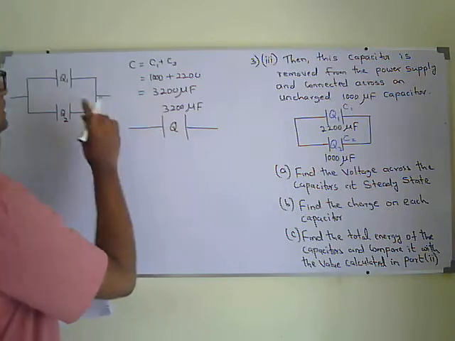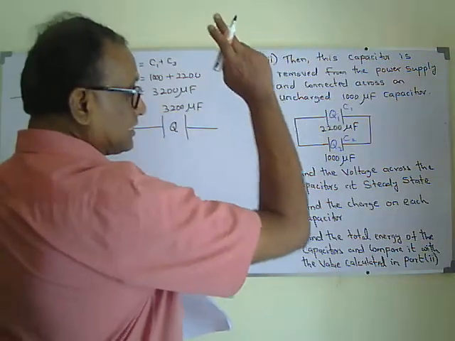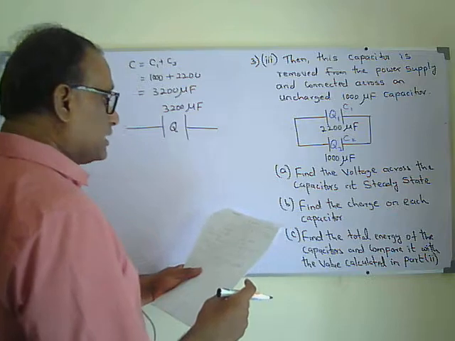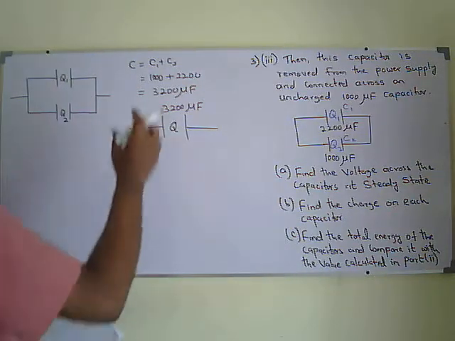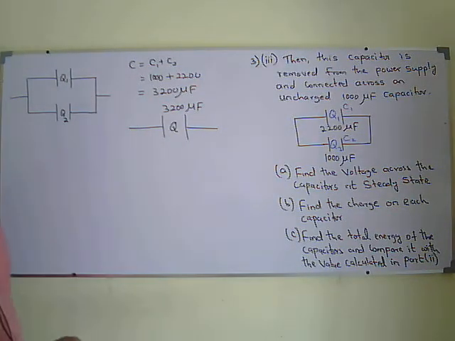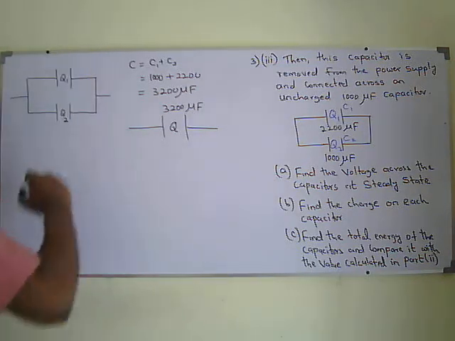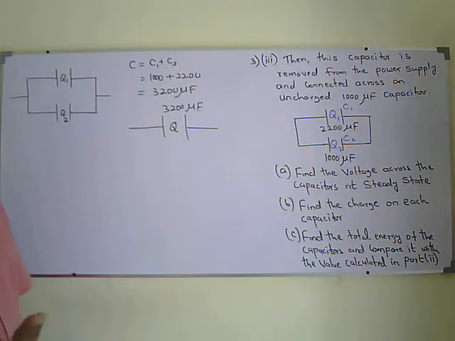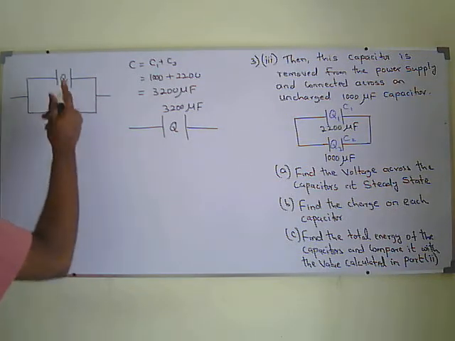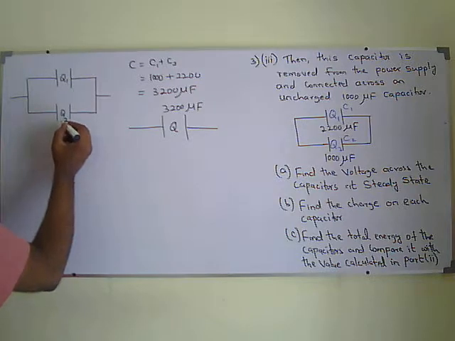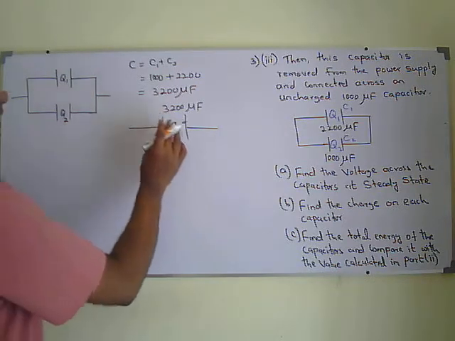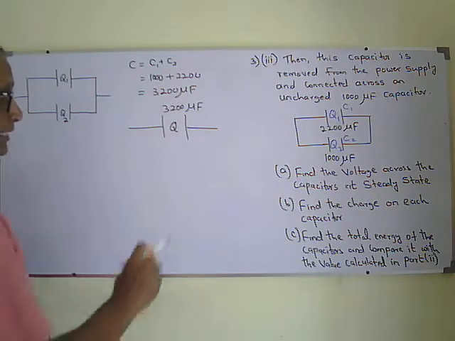So the initial charge we found in the first part, 0.0352 coulomb, will be the charge stored in the equivalent capacitor, because the charges will be shared among them. At steady state, the charges are Q1 and Q2, and Q1 plus Q2 is the charge of the equivalent capacitor.